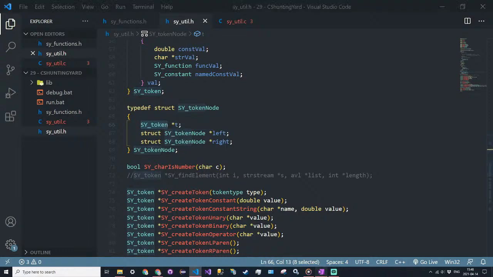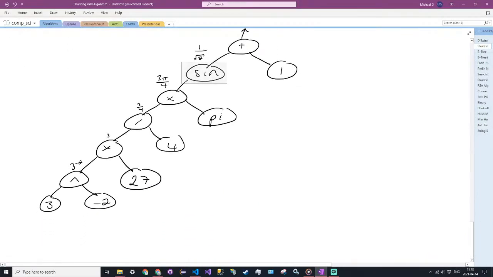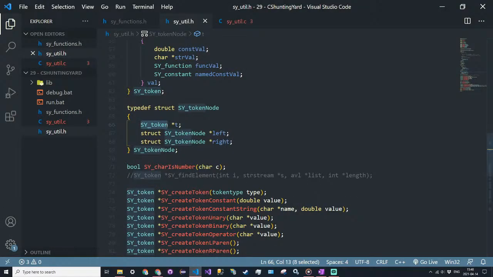So when we call evaluate on, say, this sign node right here, we can simply look at the attached token, which will be a function, and that function has an attached callback to a unary function, which will just be sign. So we can use sign there as the evaluation, and since we are representing this as a binary tree, we need to have pointers to the left and right children of this node, like this.